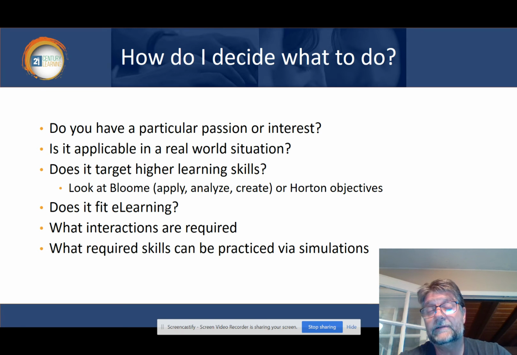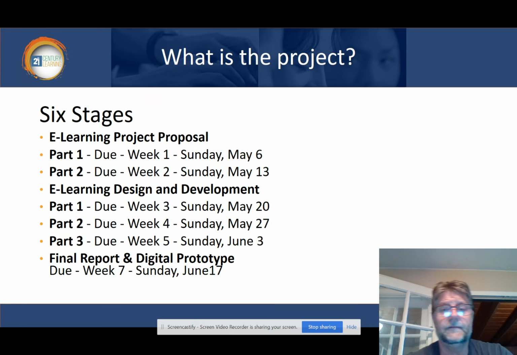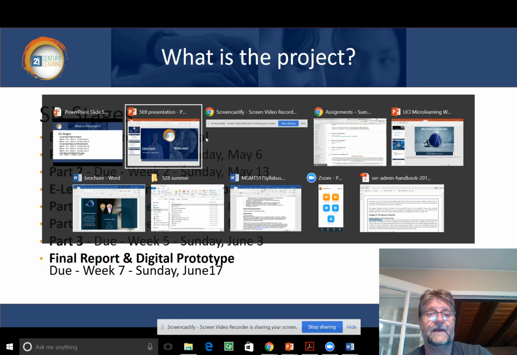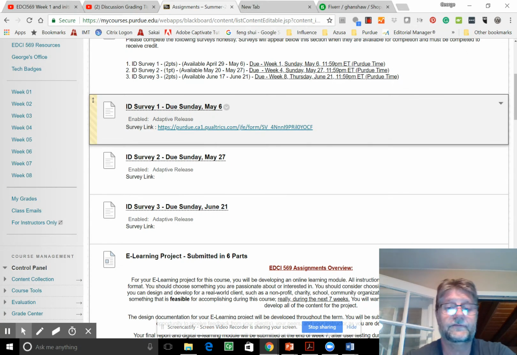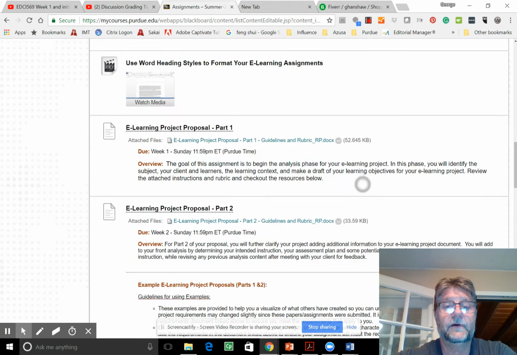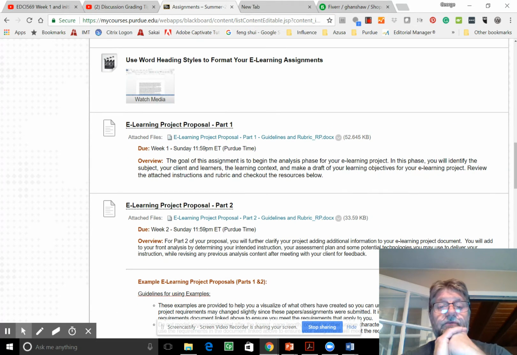If anyone wants feedback prior to turning in the final product, for week one, all you have to do is post the project proposal. Basically, what are you going to do? So it's creating a proposal. You can look there for the guidelines and rubric.